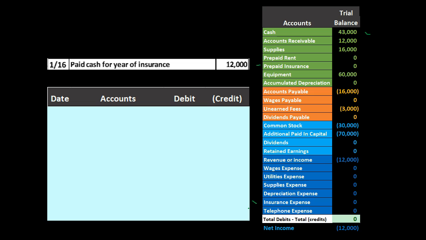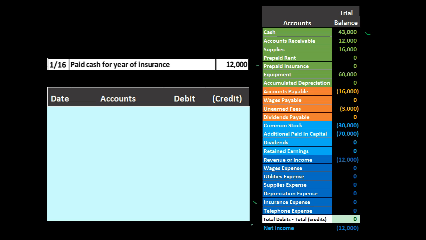So if we're paying, like we do here, for a year's worth of insurance, then it wouldn't make sense for us to expense it all at the time of payment, because that would result in net income being very low this month relative to the next month. And it would be an unfair representation of net income, because next month we still have insurance that covers us.